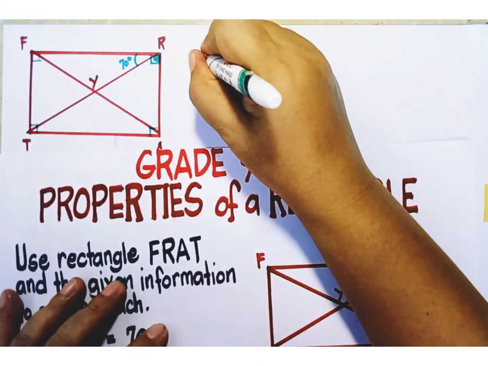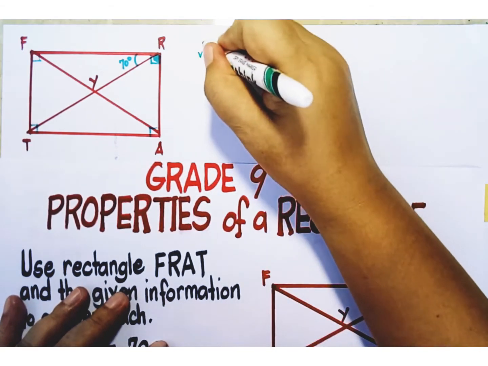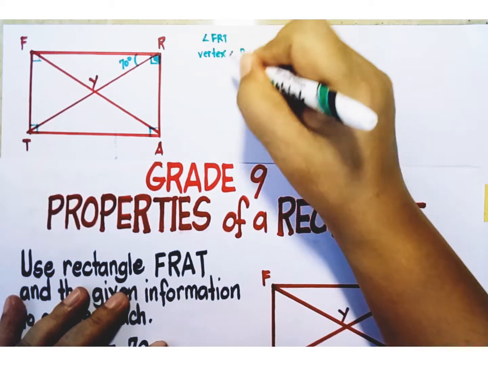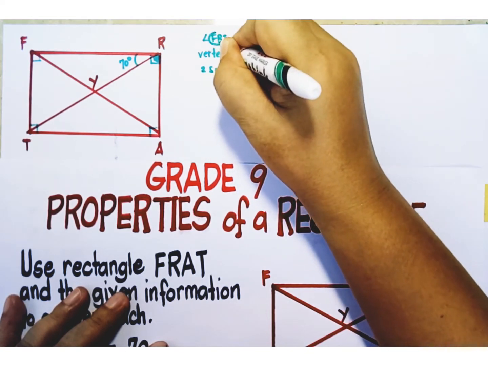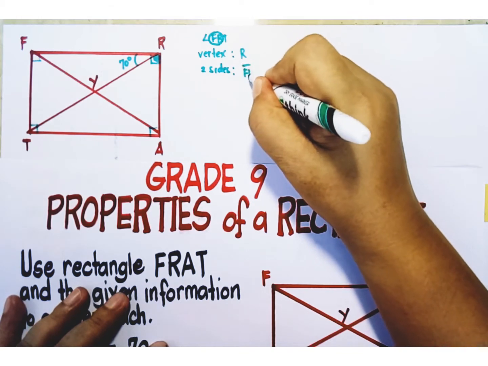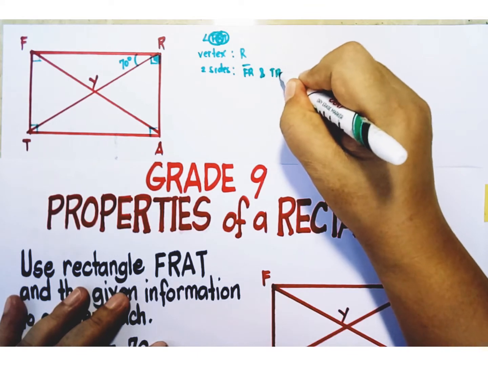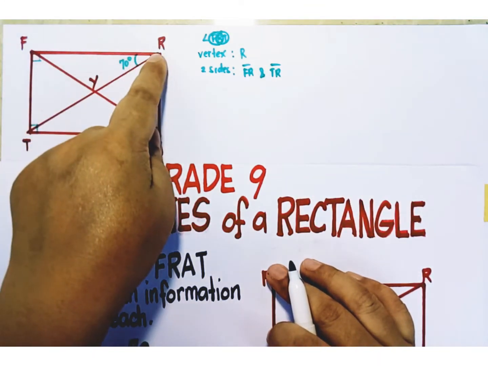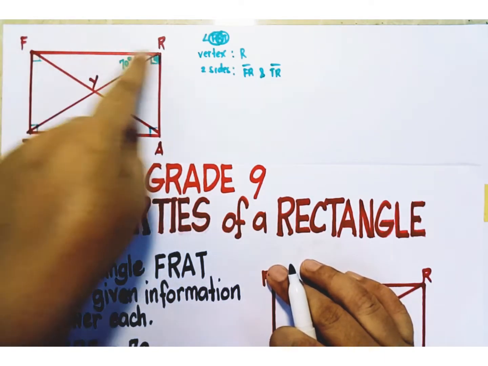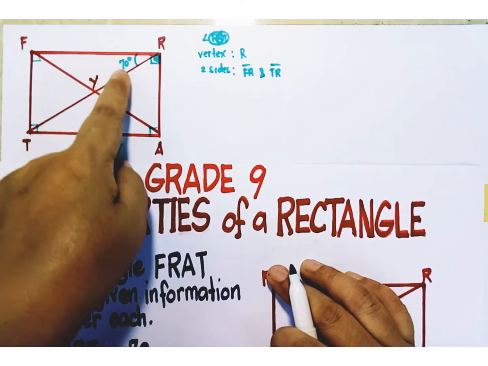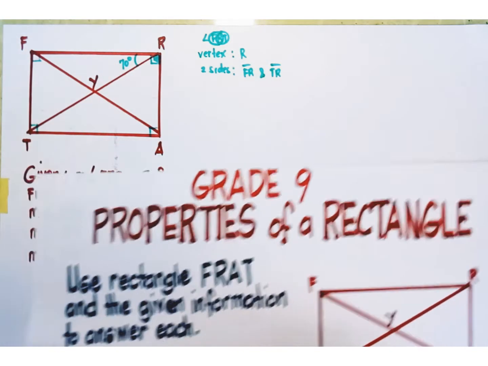The vertex is R. And the two sides are line segment FR and line segment TR. This is line segment FR, this is line segment TR. This is the angle formed by the two line segments, and it's equal to 70 degrees. It's given.